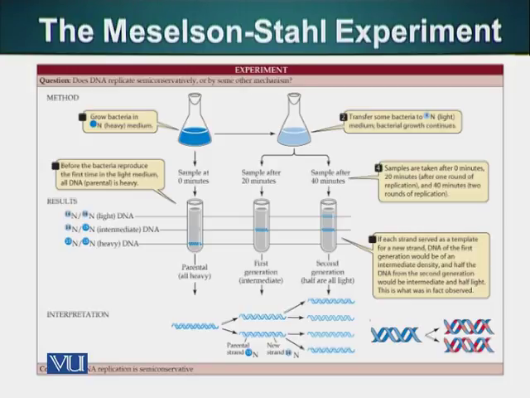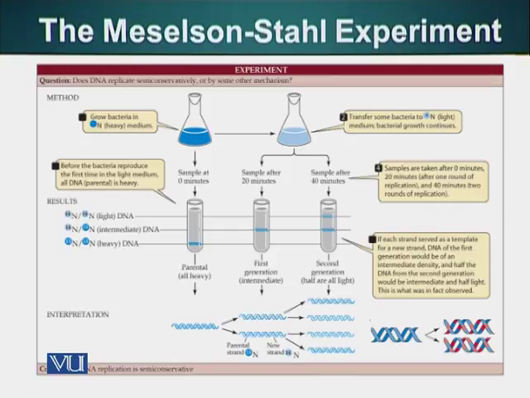Here you can see that the DNA from bacteria grown in the heavier isotope of nitrogen made a band at a lower location in the test tube.